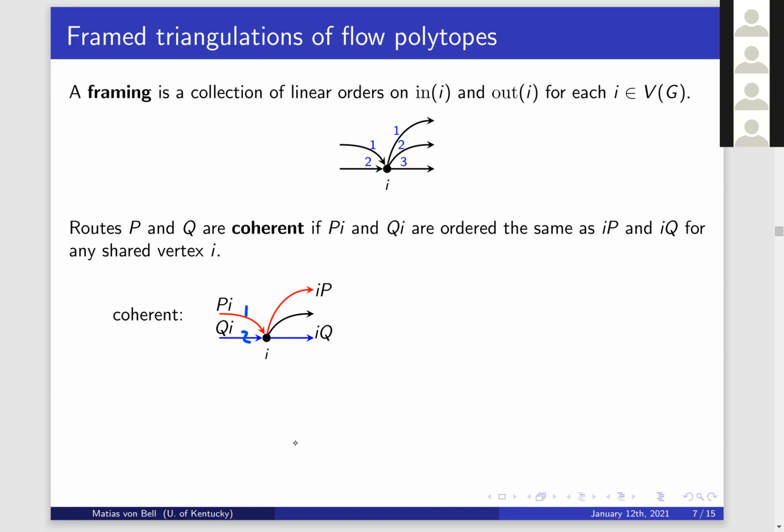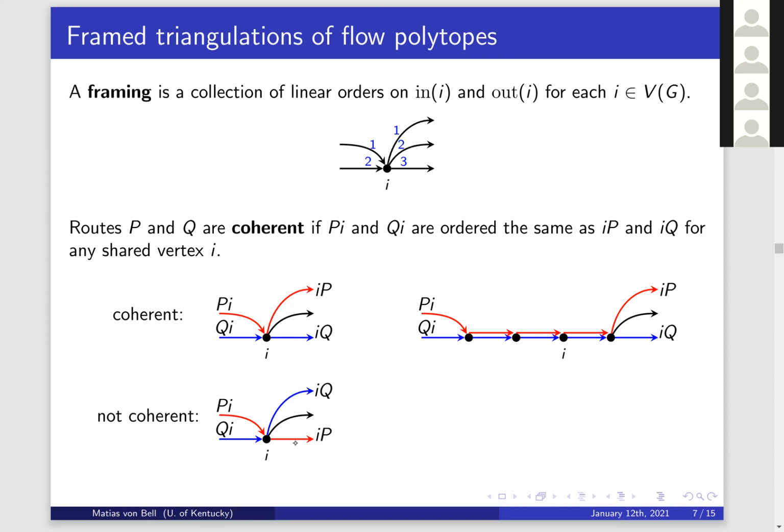So here, assuming we have the same framing as we do up here, then these routes are coherent at this vertex I, because the incoming portion of P comes before Q as it comes in, and it also comes before Q as it leaves. But if we were to flip these two around, then those are no longer coherent as down here, unless we change the framing, in which case they might be coherent with a different framing.